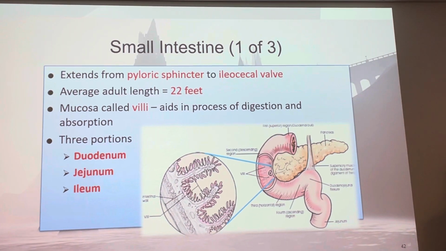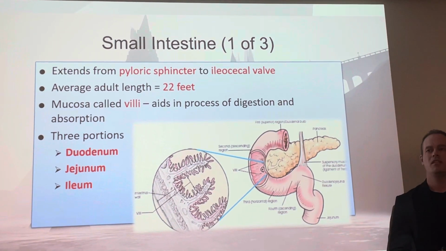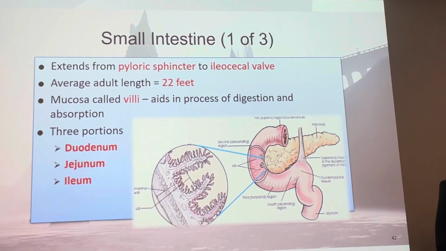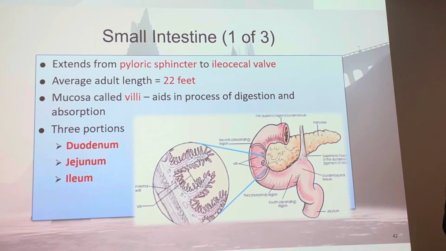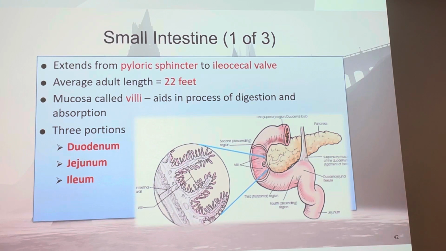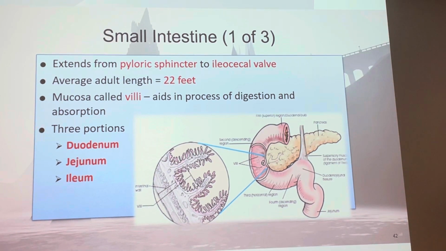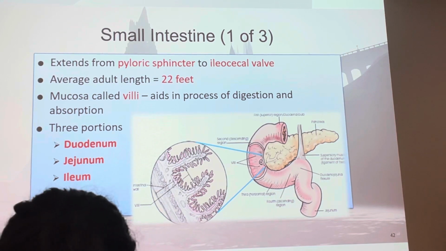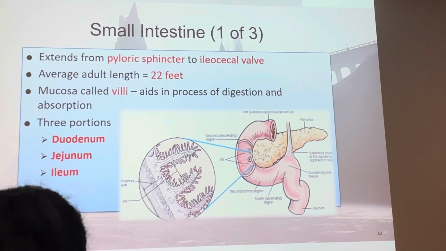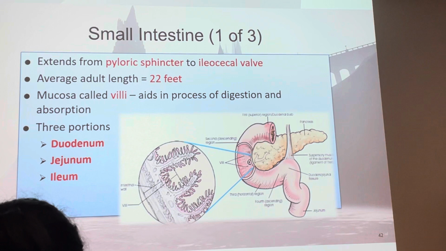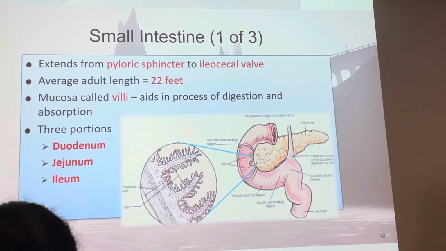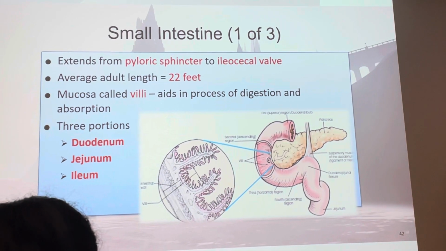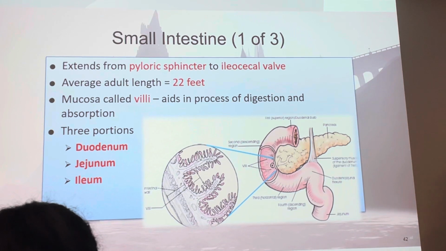There are mucosa found interiorly within the small intestine, these little finger-like projections that we call villi. That's what's going to further the digestive process through absorption. It's absorbing all those last minerals and things our body needs before it gets to the large intestine and we start eliminating the waste. Of course, what we just talked about, guys, duodenum, jejunum, ileum being the three main portions.